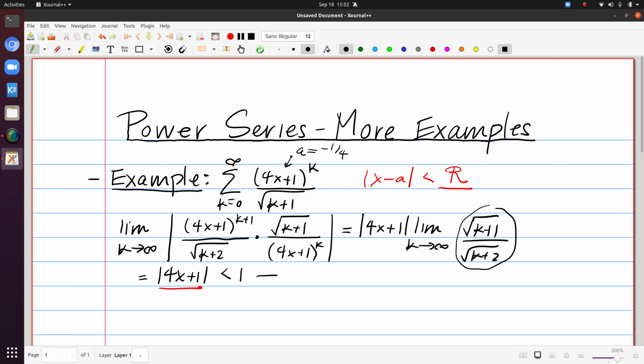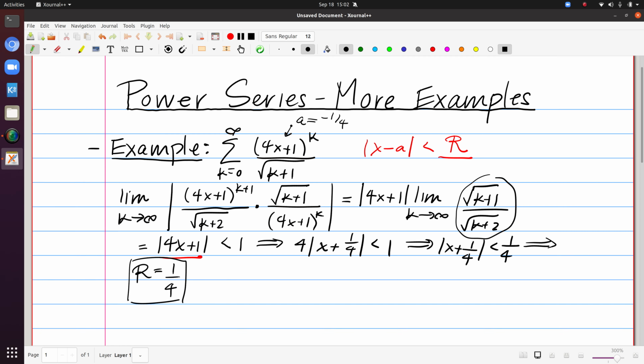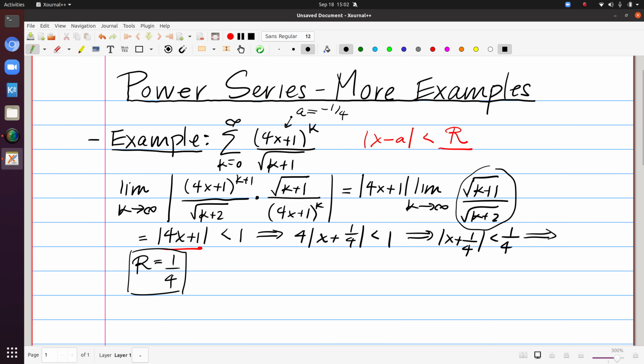So what I can do is factor out a 4 in order to get this x minus the center. And I can then divide both sides so that I can isolate the absolute value of x minus a. What we get from this is that the radius of convergence here must be 1/4. So let's think about what that means about the endpoints of our interval.